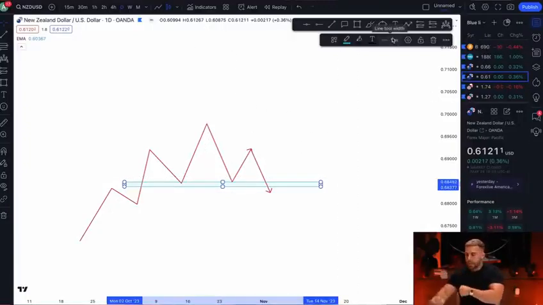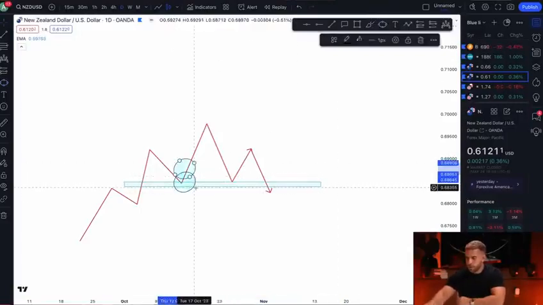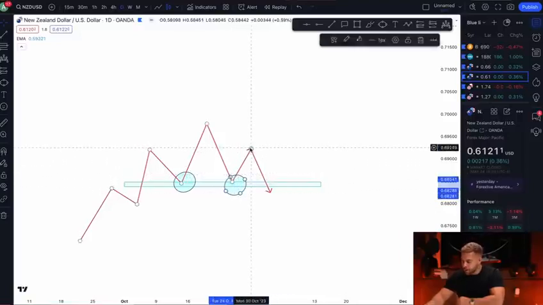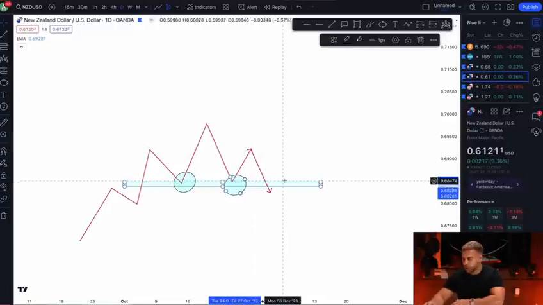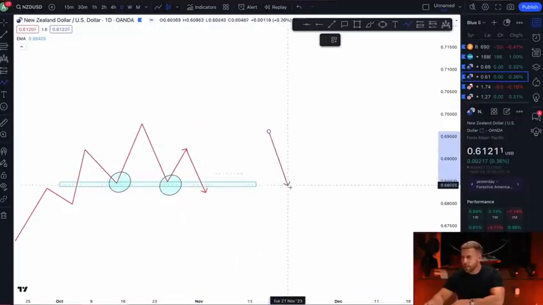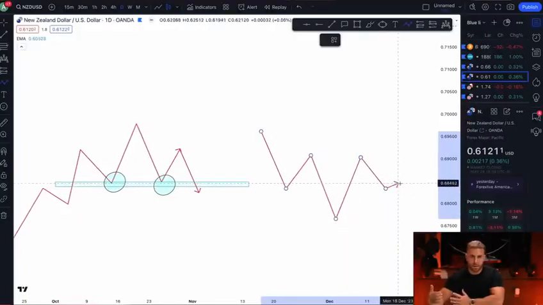These elbow points, which are these market structure points right here, which are held up by this support. So the only way you have a confirmation of a head and shoulders is once we break through that neckline of the head and shoulders. And obviously the same exact thing applies when you have an inverted head and shoulders. The only thing that changes is that it's simply the other way.